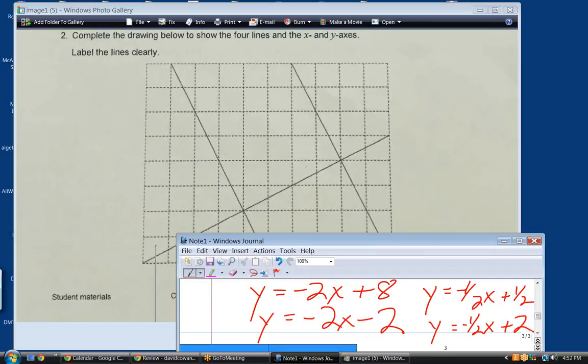We know the intercept on this equation right here is minus 2, right? Well, let's make this dotted line the y-axis, and that would be minus 2.